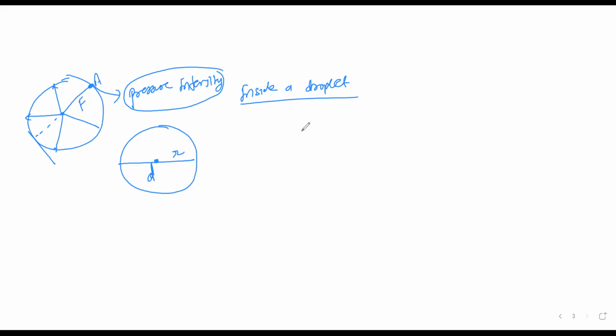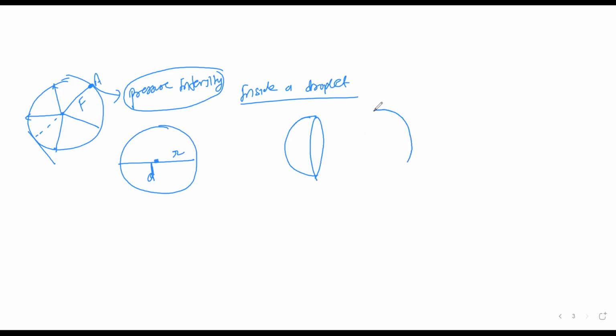Let us consider the two parts of this droplet. When the droplet bursts, the pressure intensity and the force due to pressure are more than the surface tension force or cohesive force, then bursting will occur.